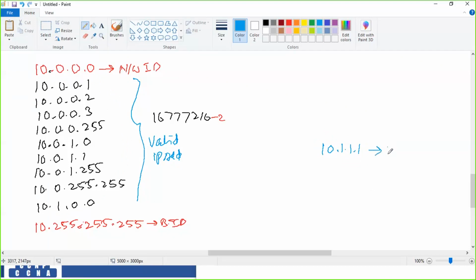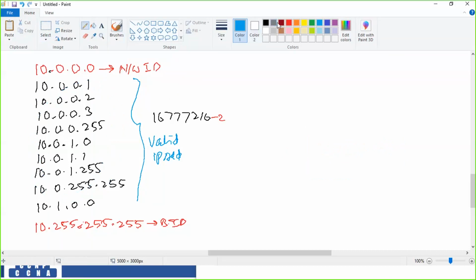But if your device has 10.0.0.0, then it is maintaining all these 16 million IPs, because all these IP addresses come under this ID. This is for identification, and we call it a network ID.